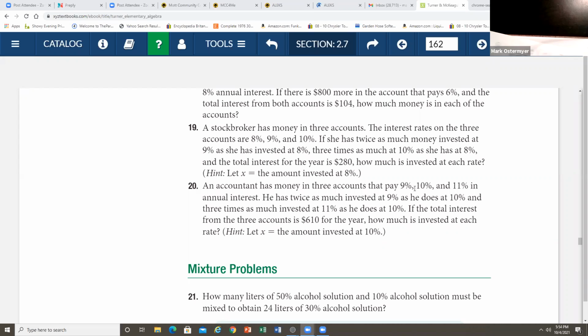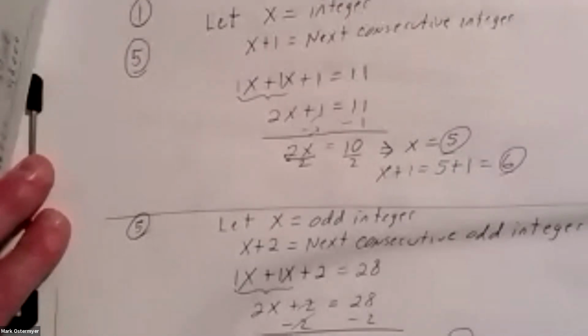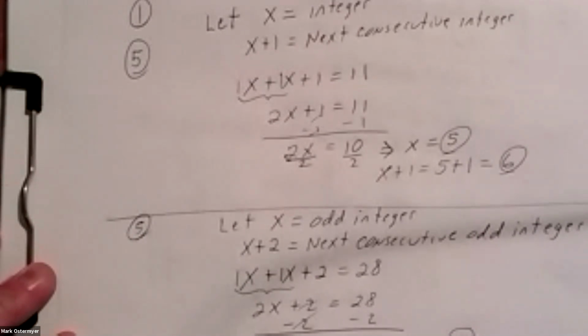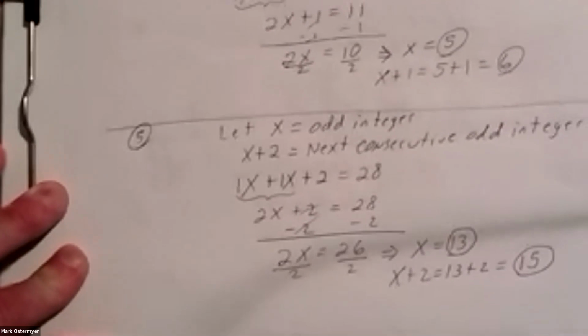Those classwork are right here. Just the 1 and 5 real quick. Thank you. Fine. So there's 1 and 5 classworks.